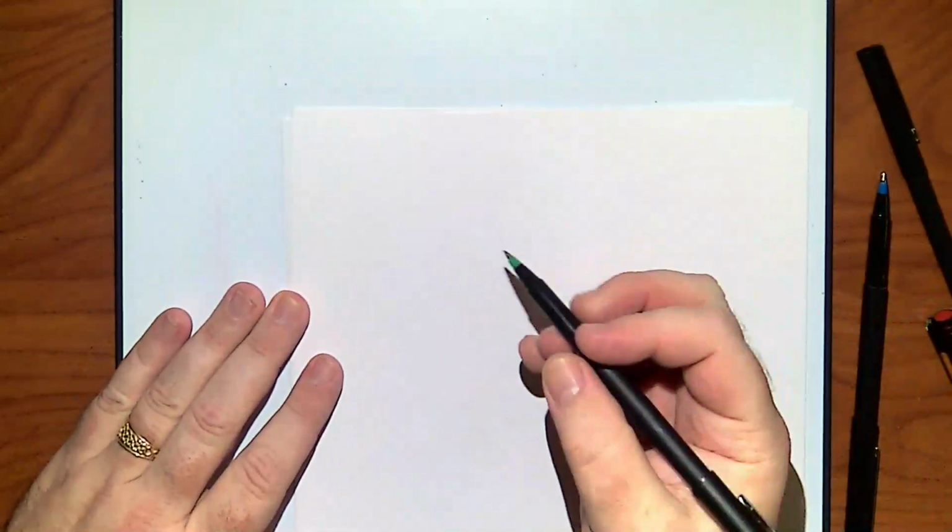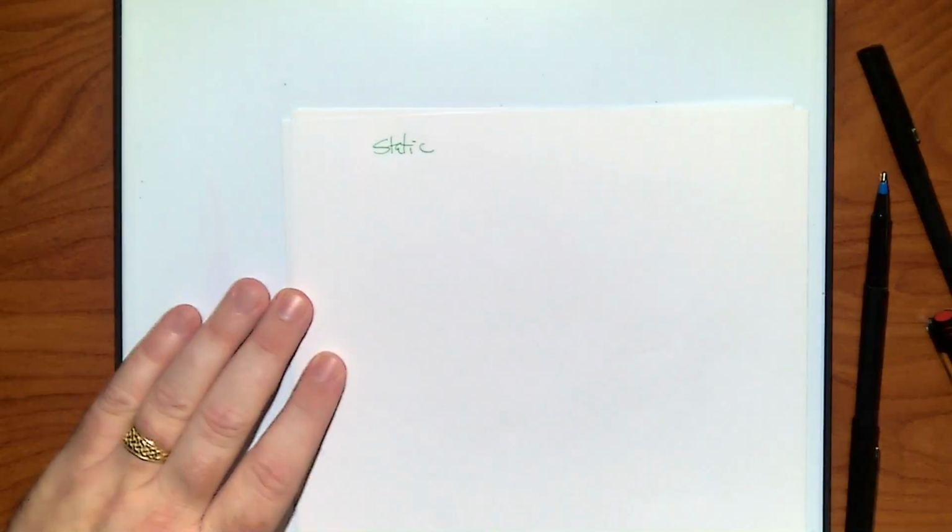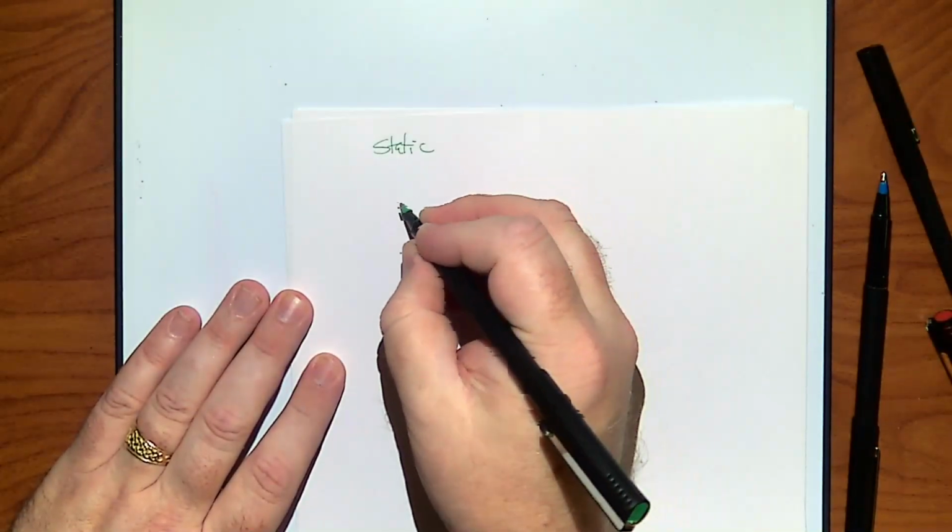So now we want to move to another type of static logic, and we're going to take advantage of some properties here.